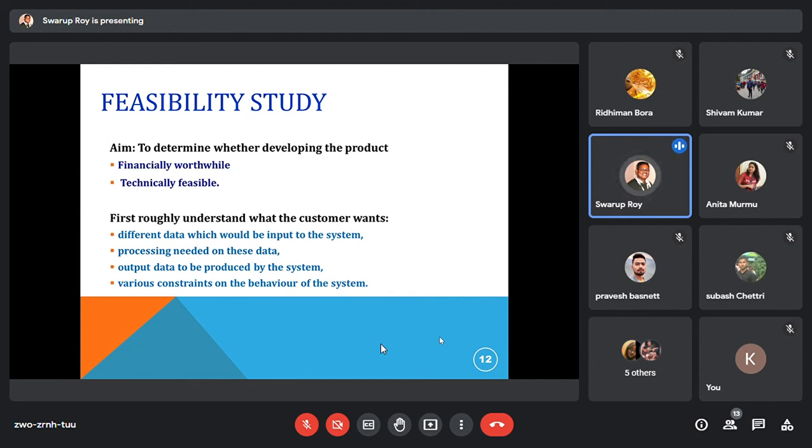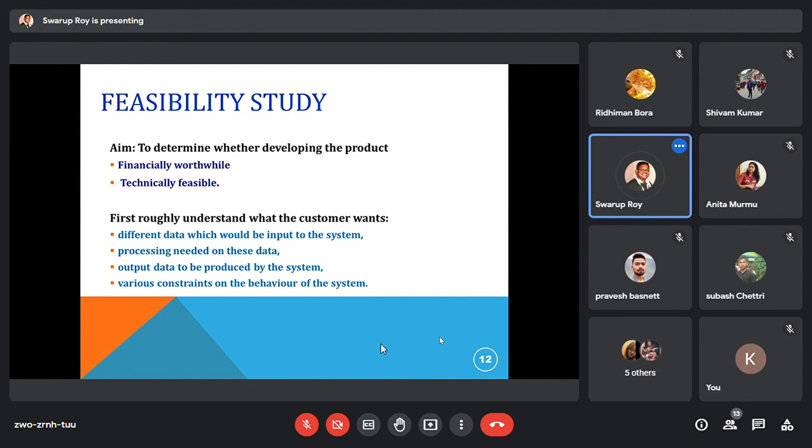They are two completely different systems, one admission and another examination, so they cannot be integrated directly because the examination system is very sensitive. But you need all the data, with no need for someone to type it again and again. Whatever data was initially given will be migrated to the examination database. So these are some of the requirements that a client or customer may give to the company.